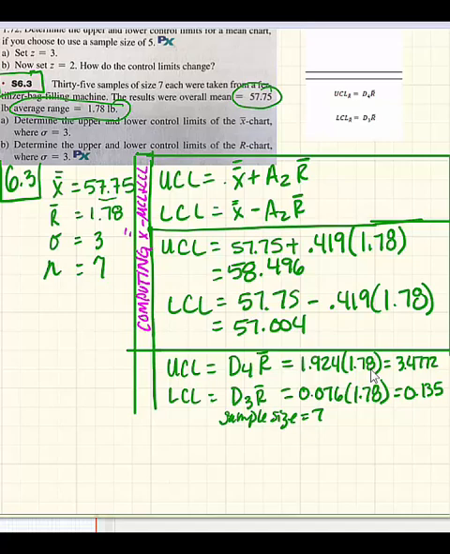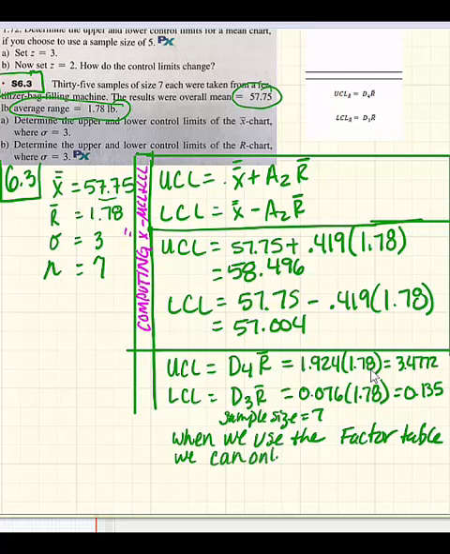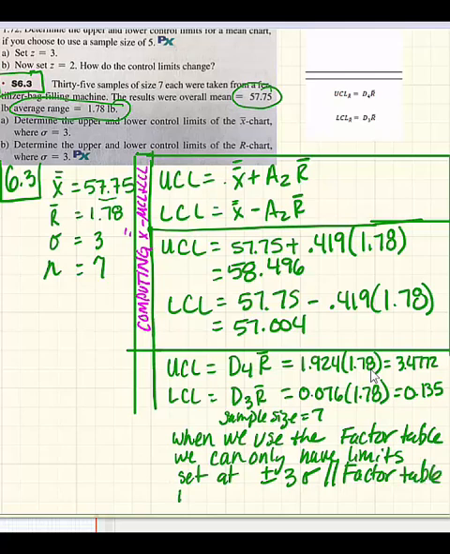So when we use the factor table, we can only have limits set at plus or minus 3 standard deviations, because the factor table is at 3 standard deviations.